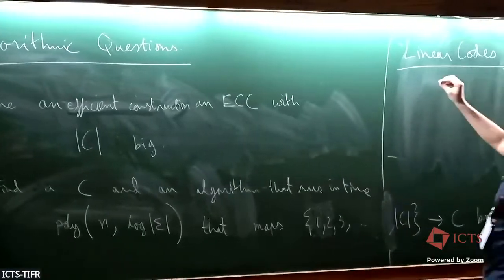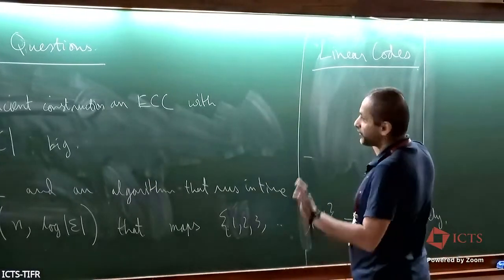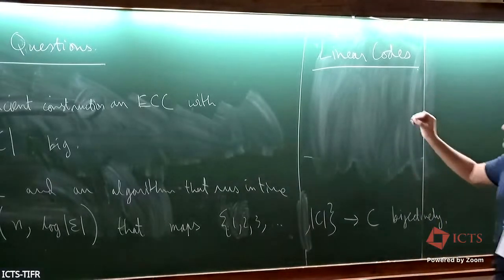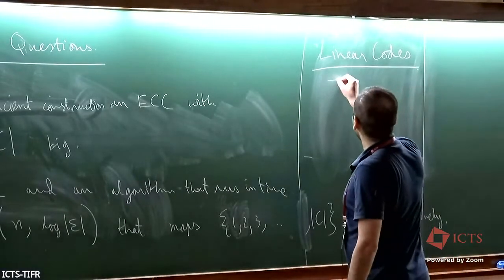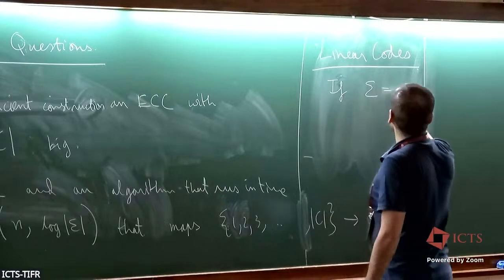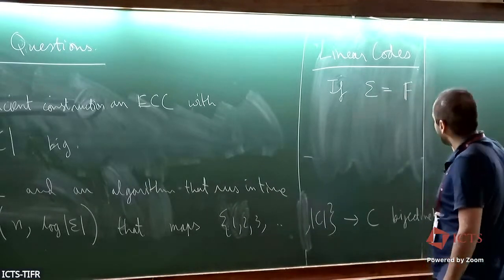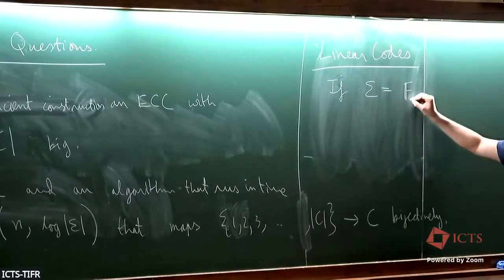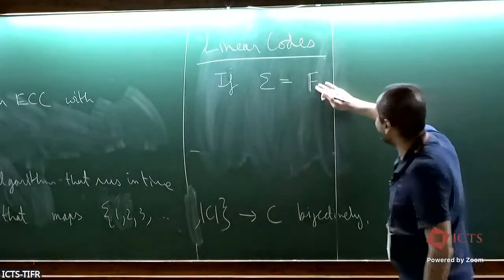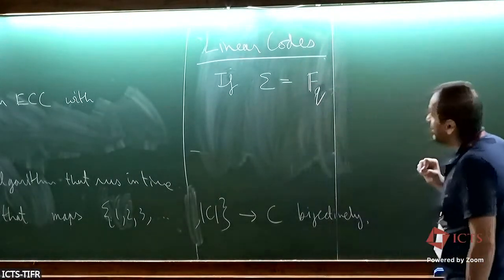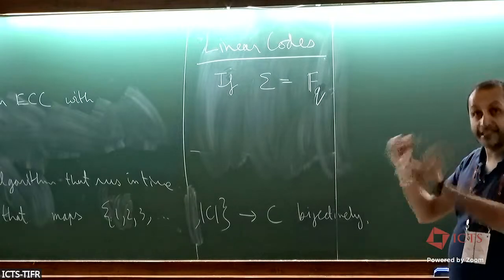So this applies to a very special case. This is when sigma is a finite field, FP or FQ, then you can talk about a linear code.